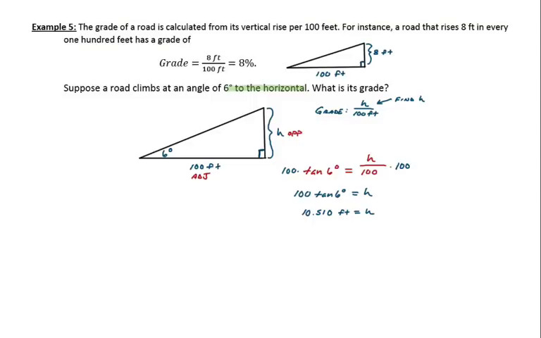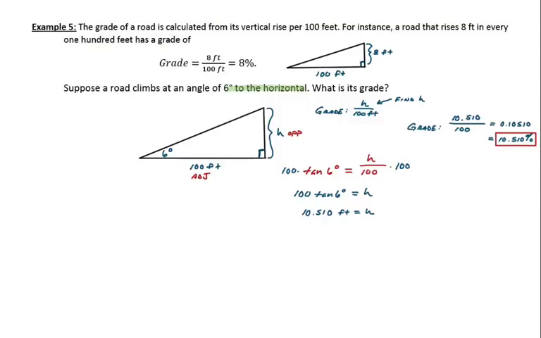And then to actually calculate the grade, it would be setting up a ratio. It would be 10.510 divided by 100, which is 0.10510, or 10.510%. You didn't really have to set up that secondary ratio. Just know that whatever the height is, if you divide it by 100, that'll actually be what the percentage is.